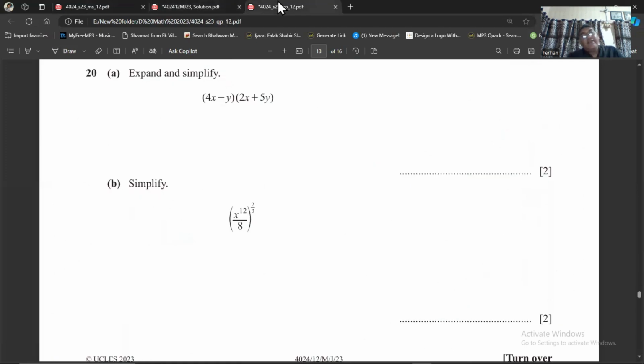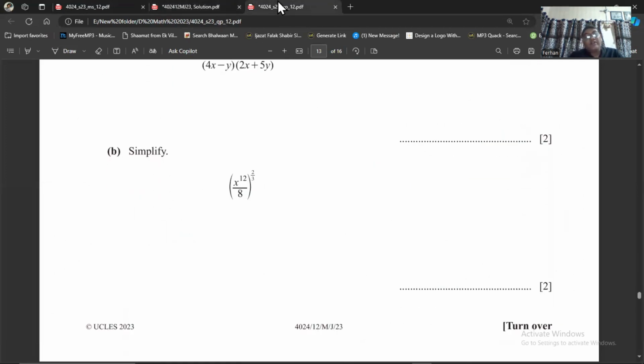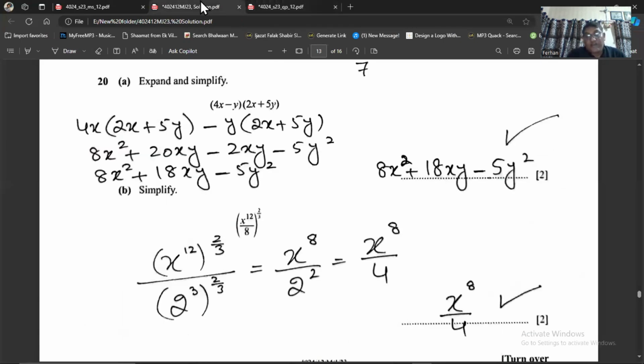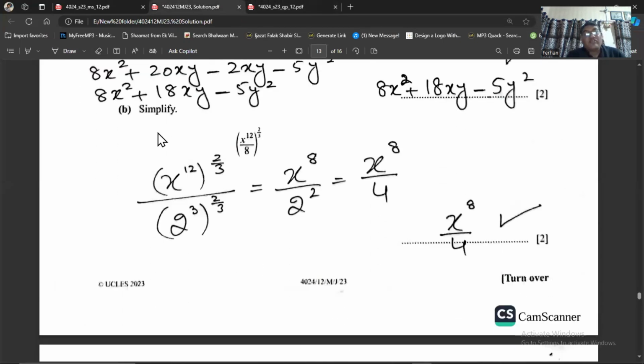Okay, then we have, he says simplify. Here a fraction is given and that fraction has a power over it. So x raised to power 12 divided by 8, and the whole thing raised to power 2 by 3. So that power 2 by 3 is for both 8 and as well for x. So you will give this power to both of them. So you will have x raised to power 12 raised to power 2 by 3 and 8 raised to power 2 by 3. The 3 will be cancelled, so you're left with 2 square.